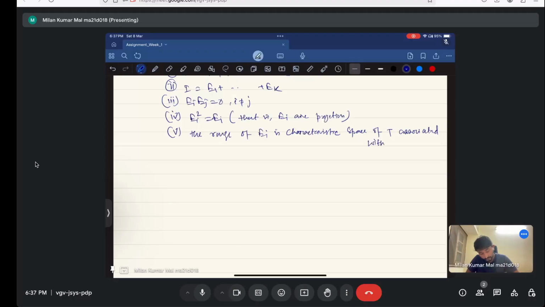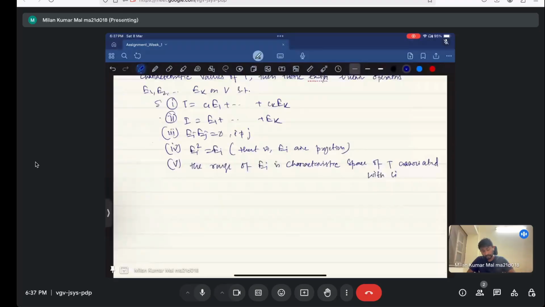Conversely, if there exist k distinct values c1, c2, ck and subspaces or linear operators E1, E2, Ek, which satisfy these four conditions, then T is diagonalizable and c1, c2, ck are the corresponding all possible distinct eigenvalues.